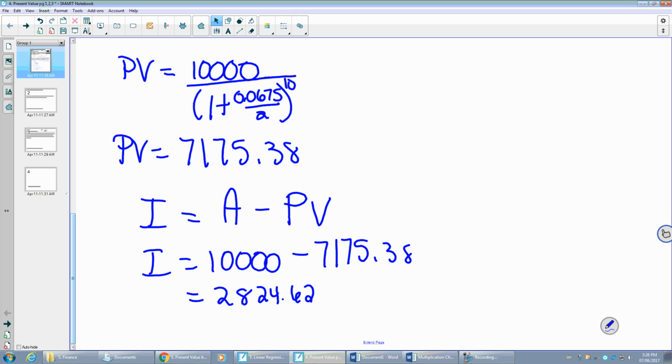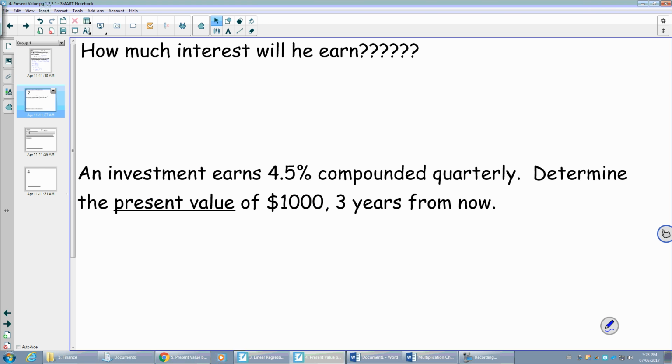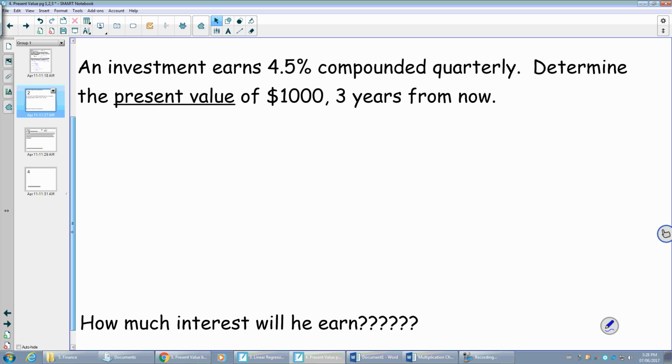Okay, so we're going to do another example. So our next example here, it says an investment earns 4.5% compounded quarterly. Determine the present value of $1,000 3 years from now. Okay, so I'm going to write my present value formula is equal to A over (1 plus i) to the exponent of n.